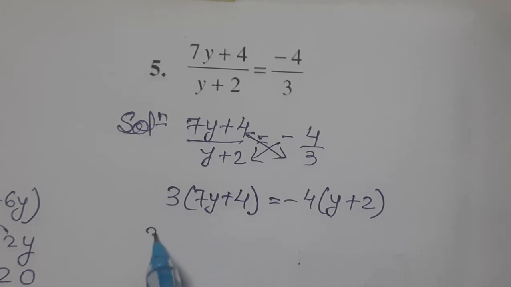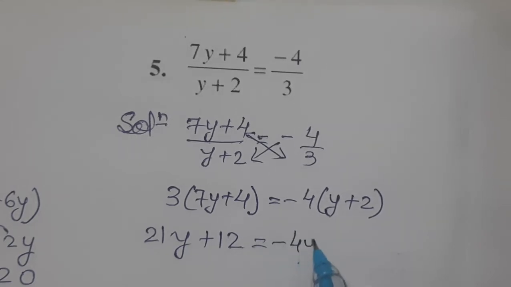3 7s are 21y, 3 4s are 12, minus 4y, minus 4 8s are minus 8.